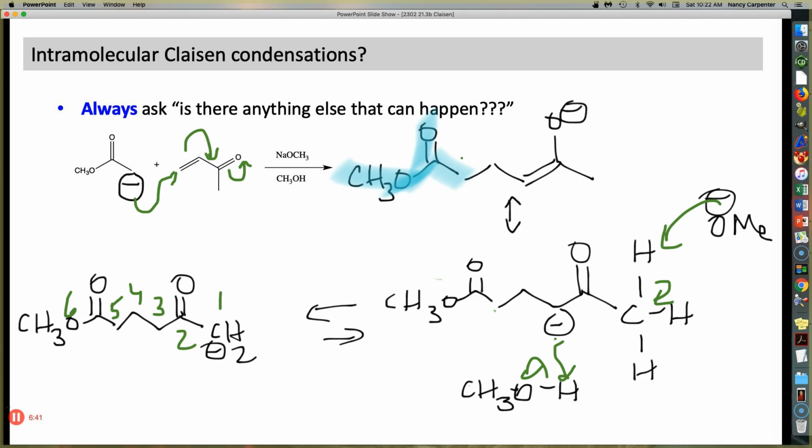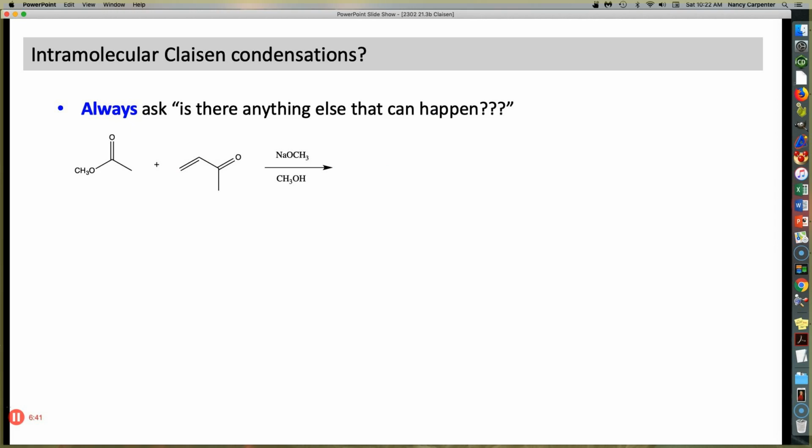Is there anything else that can happen? Well, you better believe it. Up, down, and out, and my intramolecular Claisen takes place to give me this product. You should probably work out that mechanism on your own just to convince yourself that yes, indeed, that is the final product.